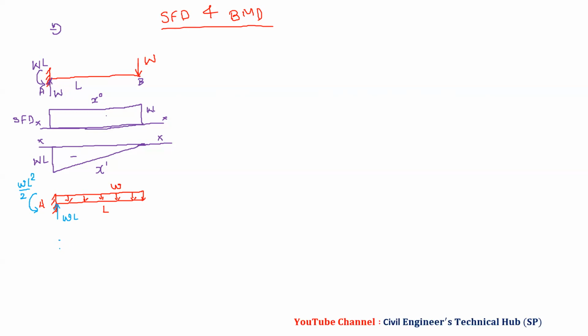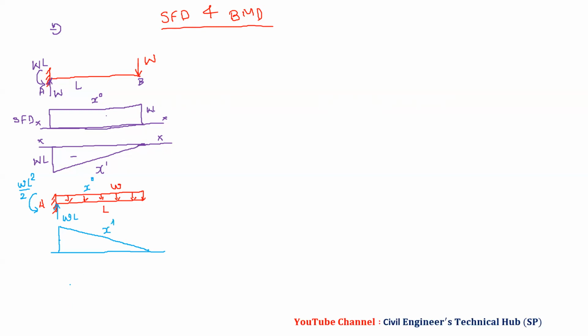Now we will go with SFD and BMD. We will start from here. So we have W into L upward. Now the value is decreasing, and therefore we have 0 over here. So this is x to the power 0. Here we will get x to the power 1.